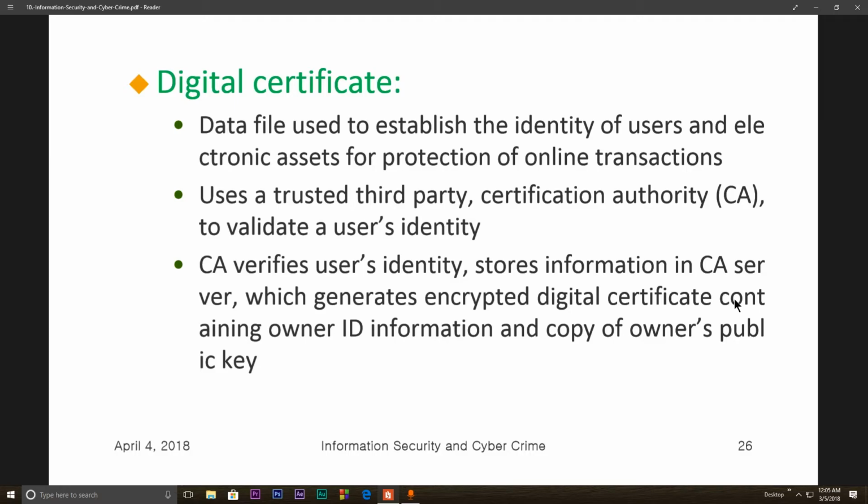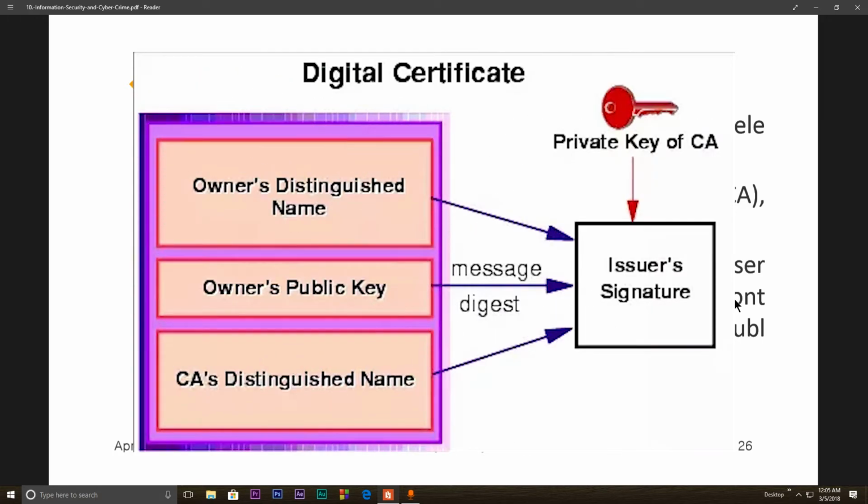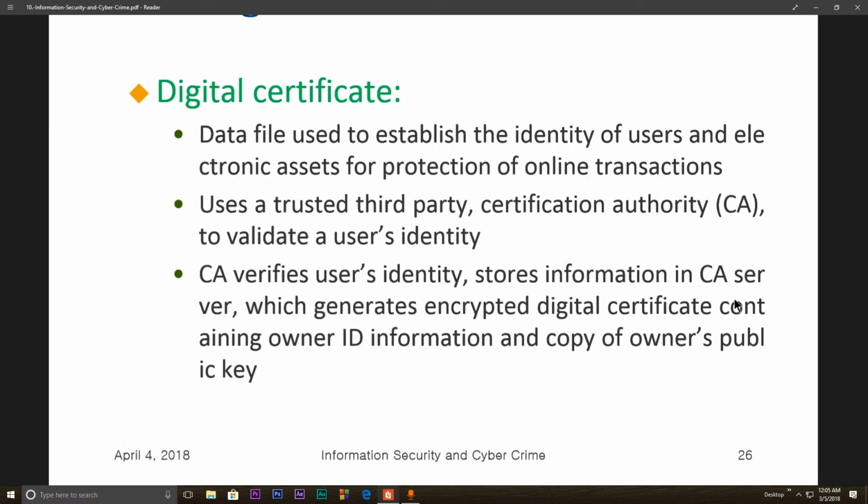It uses a trustworthy third party, the CA, which is the Certification Authority, which validates the user's identity. The CA verifies the user's identity, stores the information on the CA server, which generates an encrypted digital certificate containing the owner's ID information and a copy of the owner's public key. In this way you will get your personal certification and validation, and you can use it properly and safely.